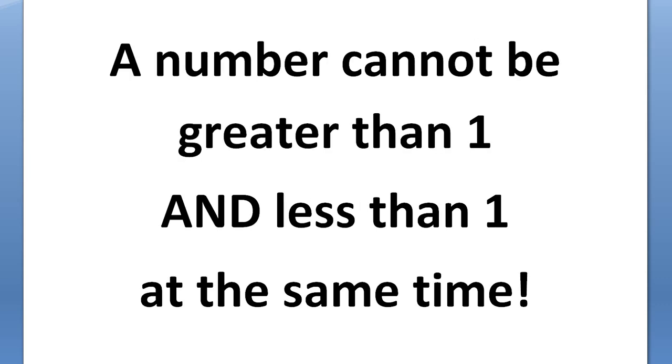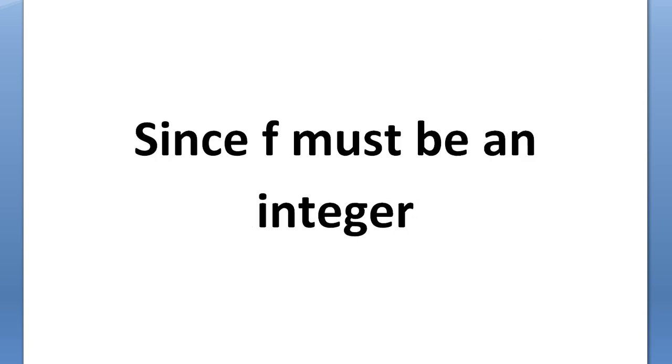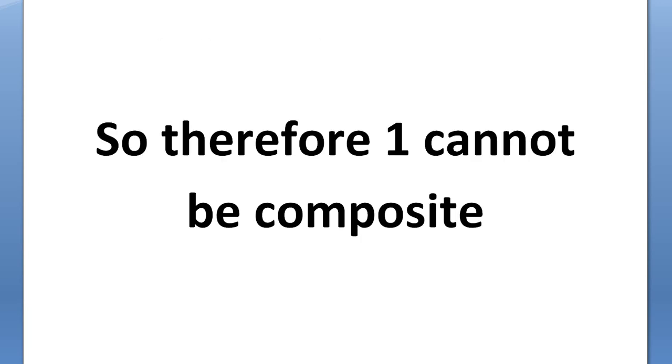Hold on a minute, a number cannot be greater than 1 and less than 1 at the same time. It's got to be one or the other. So this is impossible since f must be an integer and there is no integer which is strictly bigger than 1 and strictly smaller than 1. So therefore 1 cannot be composite.